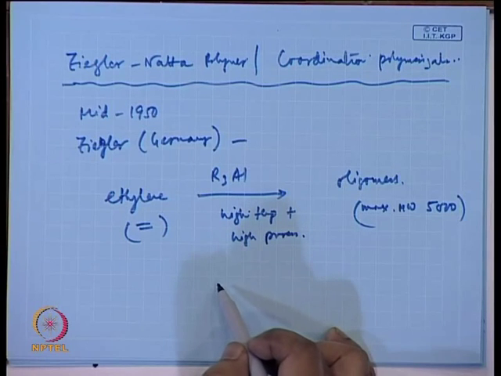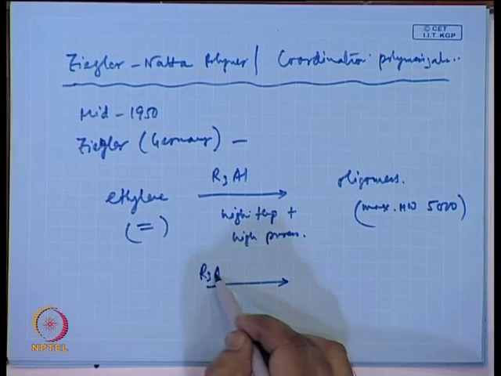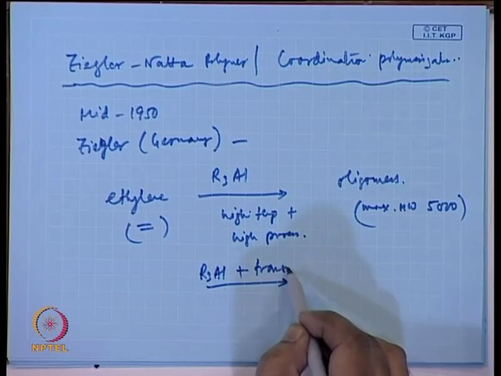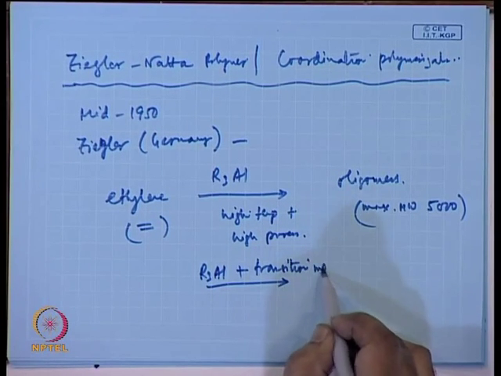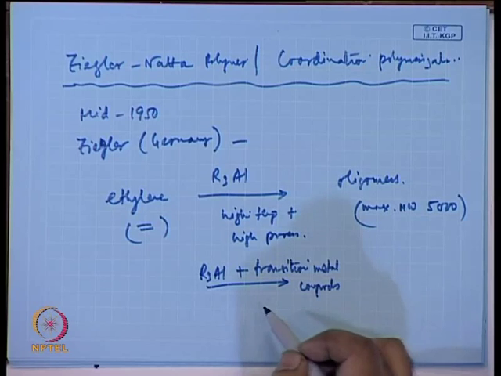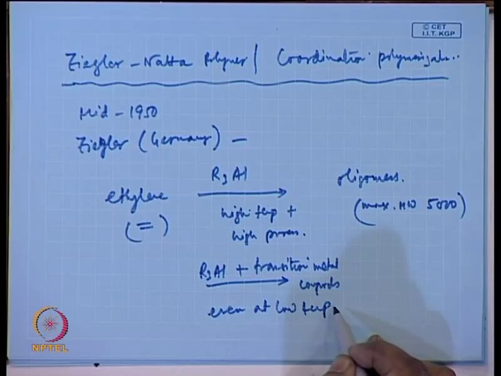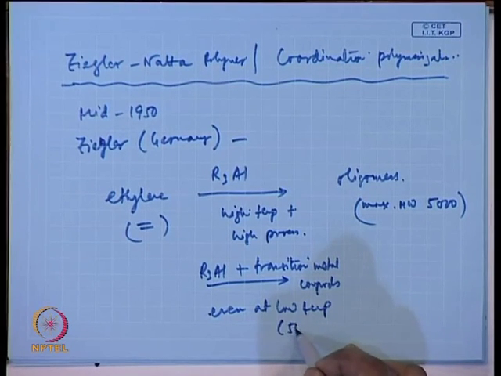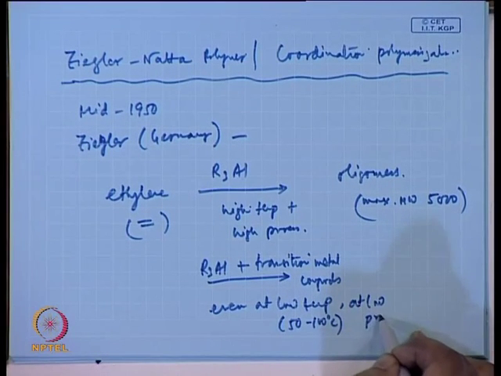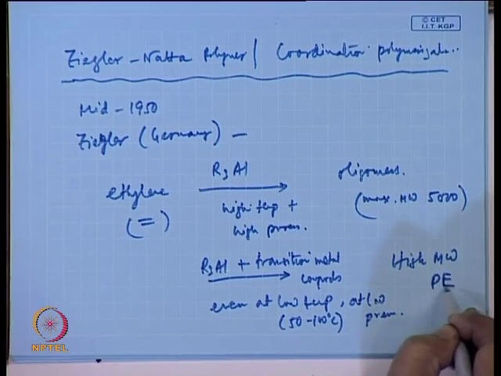What happened when he added some transition metal compounds with this alkyl aluminum? Even at low temperature, say low temperature means 50 to 100 degrees centigrade, and at low pressure, he got very high molecular weight polyethylene.